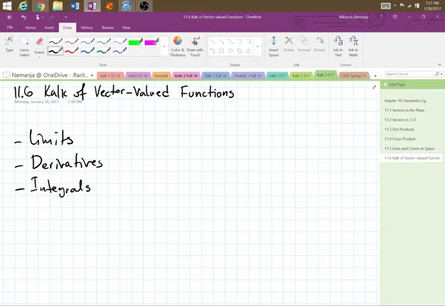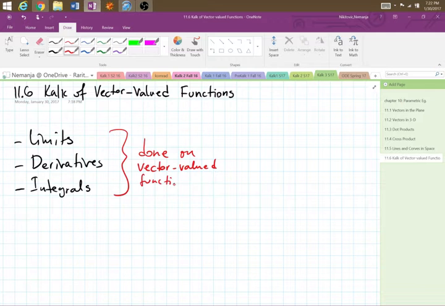So now, in terms of vector-valued functions, if you take any one of these operations done on vector-valued functions, what we get, procedure-wise, is to do it term-wise.